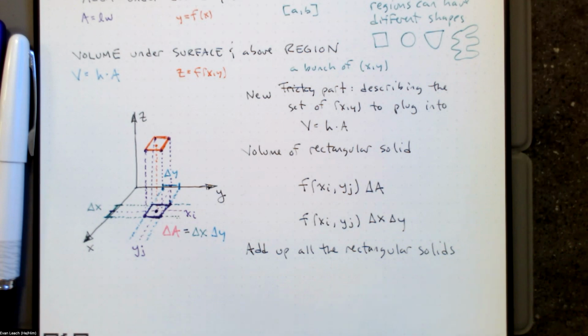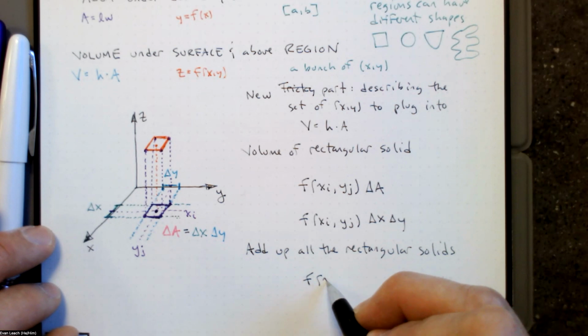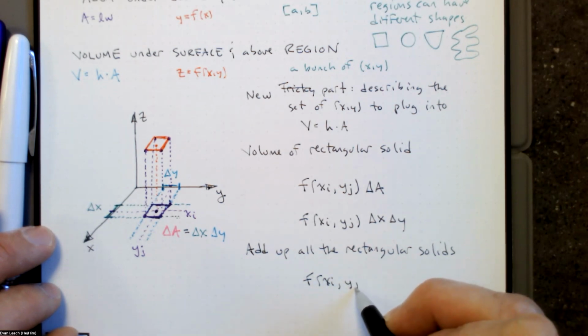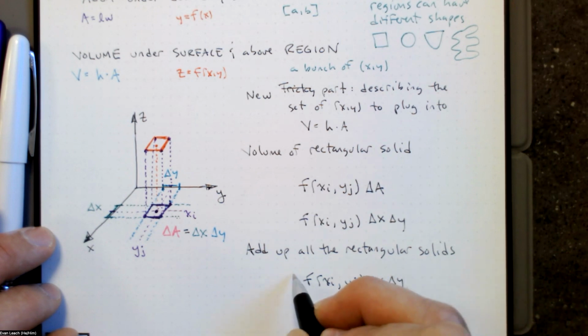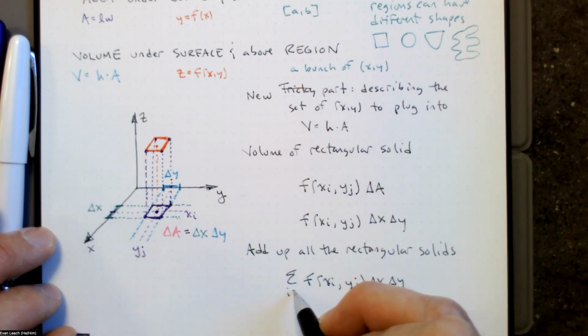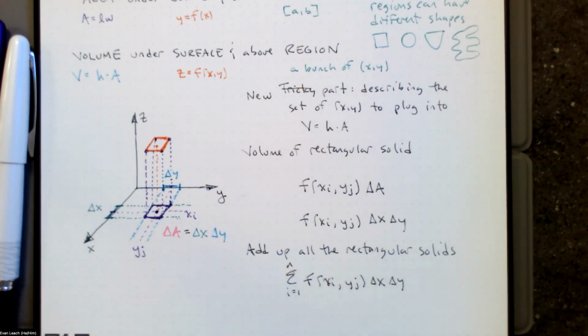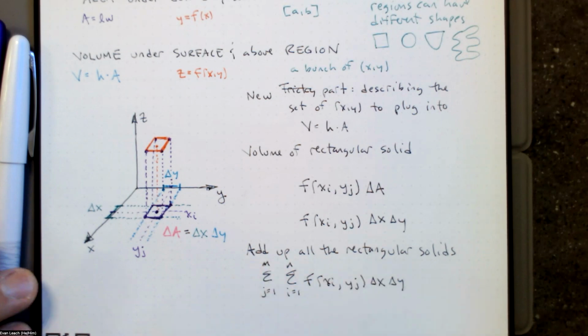But then we add up all the rectangular solids. We're just evaluating f at xi, yj, times delta x, delta y, and I'm going to add up. X went first, so I'm going to say as i goes from 1 to n, because I've divided my region up. i goes from 1 to n, and I also have to add up as j goes from 1 to m, because we might have a different number.